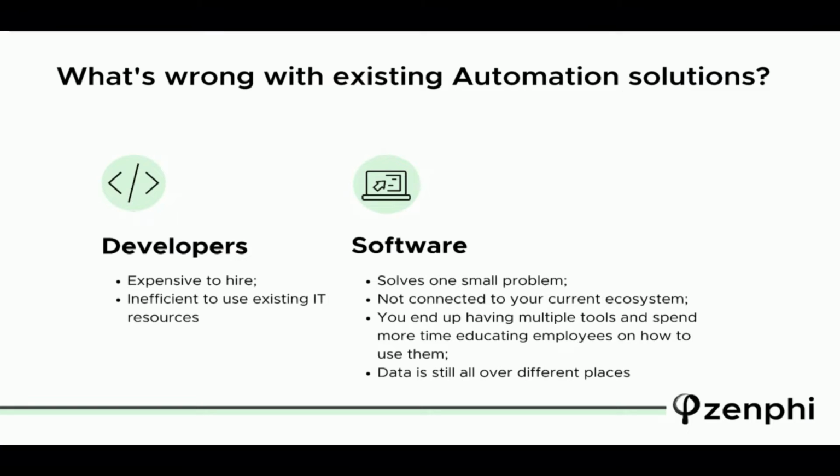Some of them are too expensive, and you cannot see the return on investment, or they're affordable but they solve only one small problem, so you end up having multiple tools anyway and spend more time educating employees. You spend more money on subscriptions, and all of those platforms are not really connected to your existing ecosystem, so your data is still all over the place.